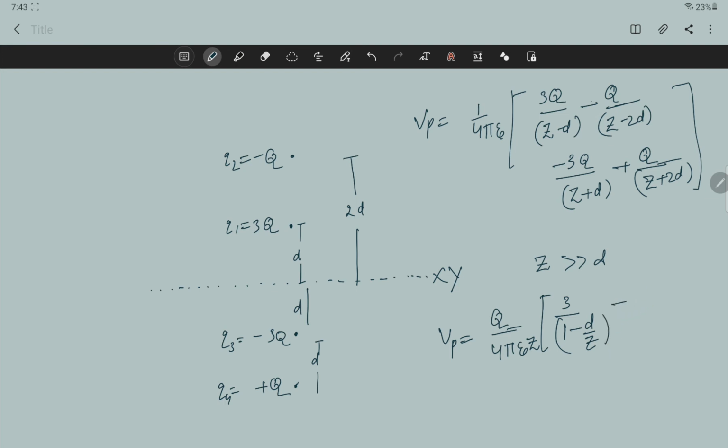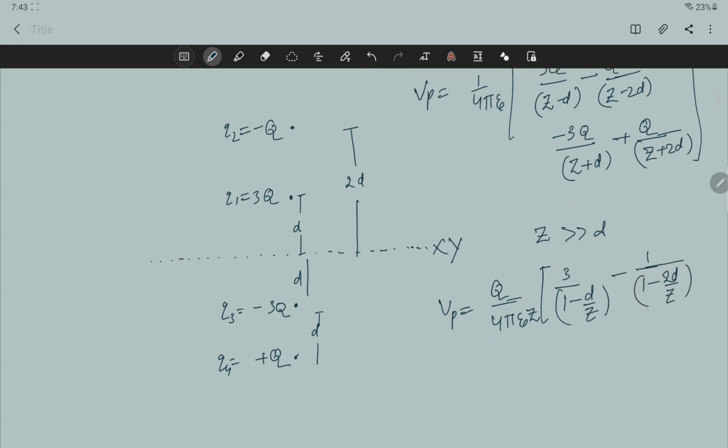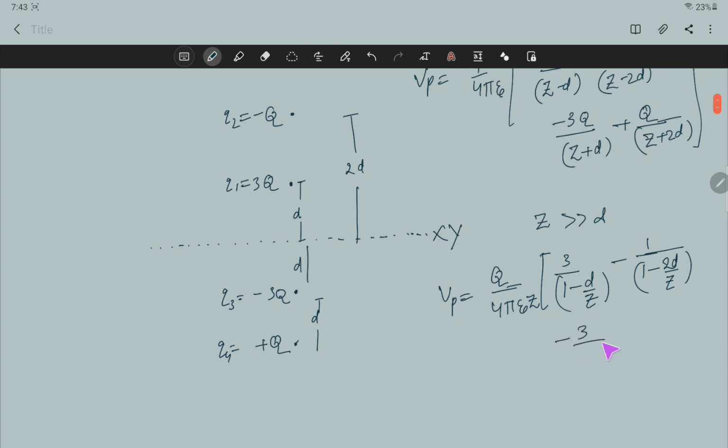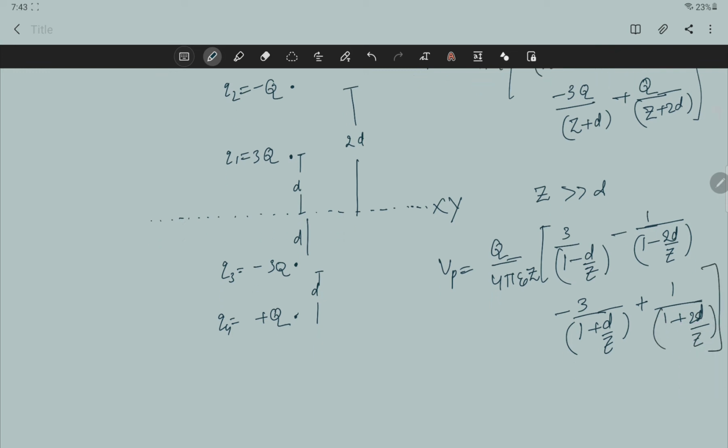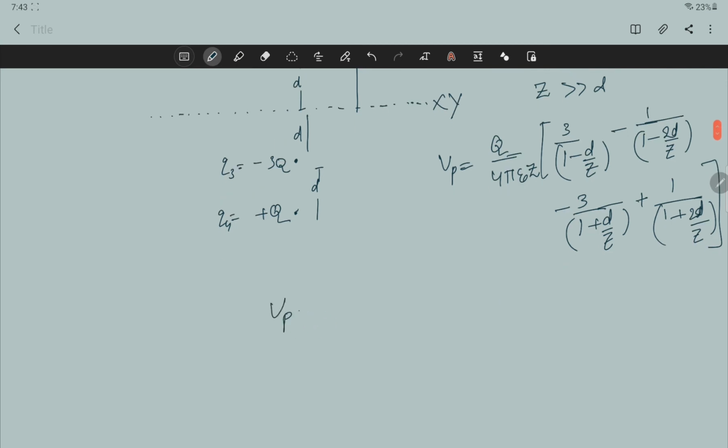Similarly we will get here 1 minus 2d by z, and similarly here minus 3 upon 1 plus d by z, and 1 upon 1 plus 2d by z. So yeah, this is the situation. Now what we will do, V equals q upon 4 pi epsilon naught z.